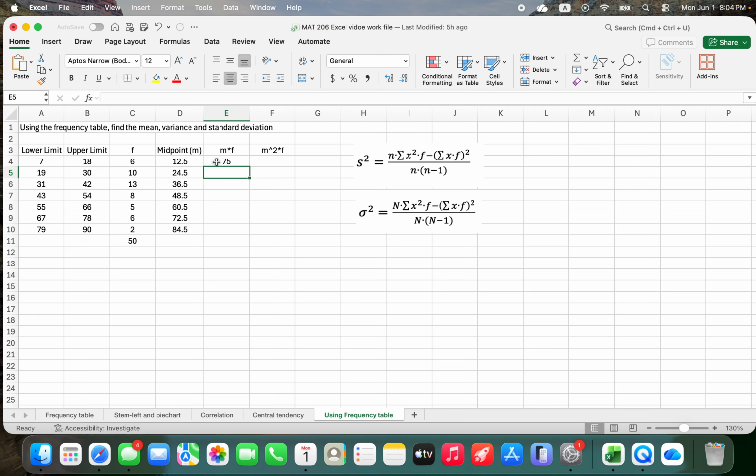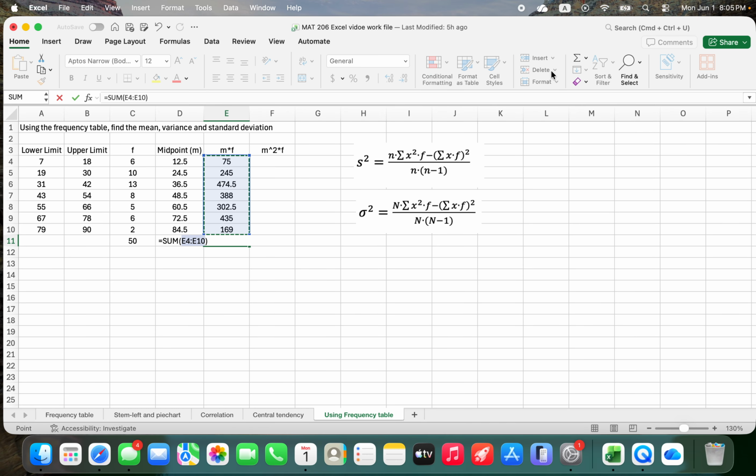Then 75 will be the total sum for 12.5 appearing 6 times. And now we keep doing that, then there will be each data's total sum here. And now you combine all these values. This is basically the total value of the data.